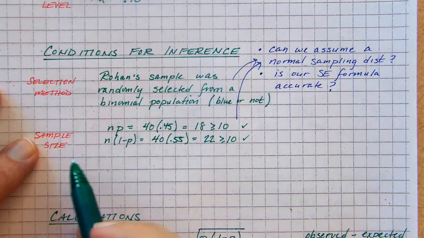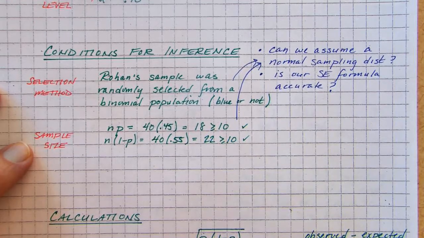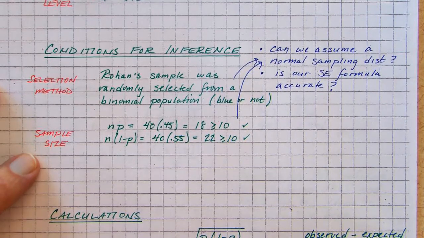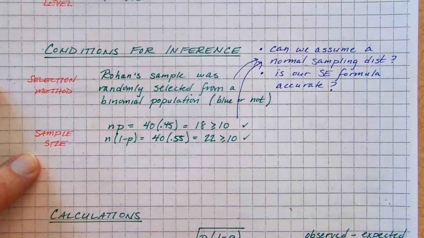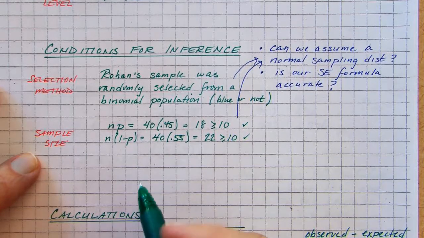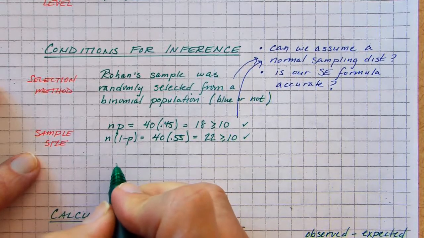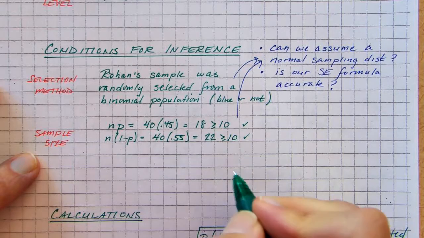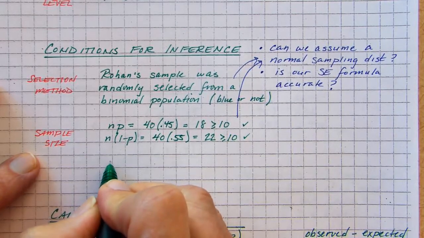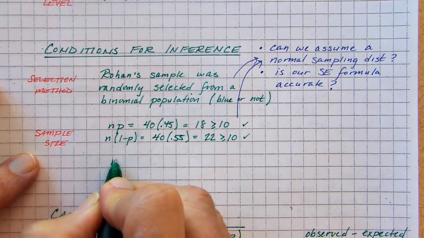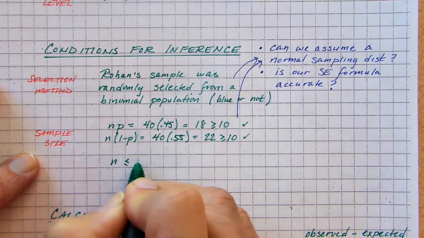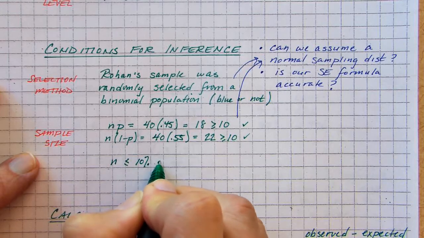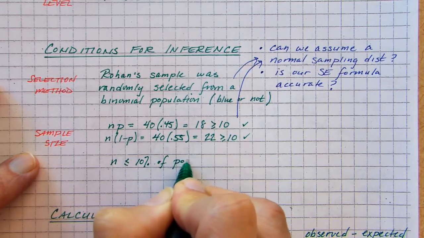Now there's one other size issue. We have to make sure the sample is not too large, because if the sample is too large relative to the population, our standard error formula is going to be incorrect. So we have the so-called 10% rule. We want N to be less than or equal to 10% of the population.